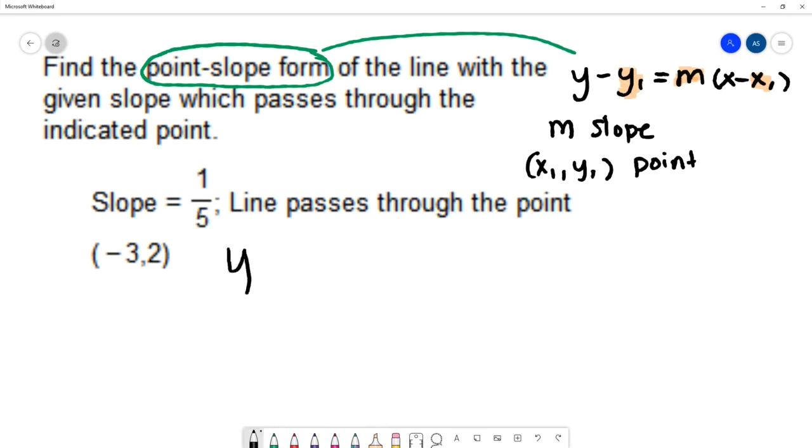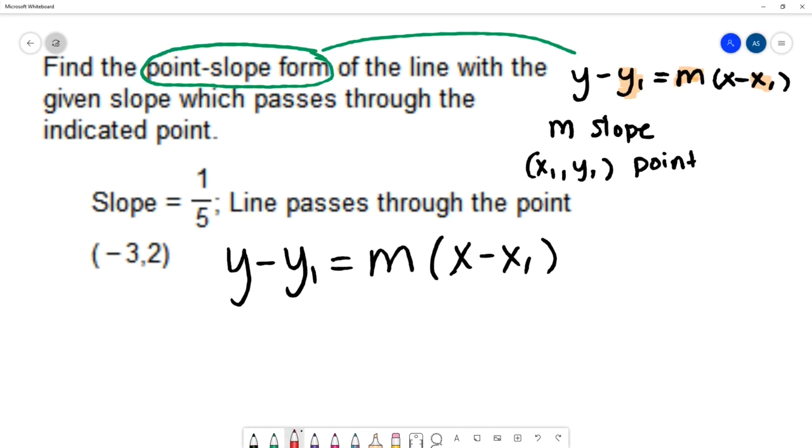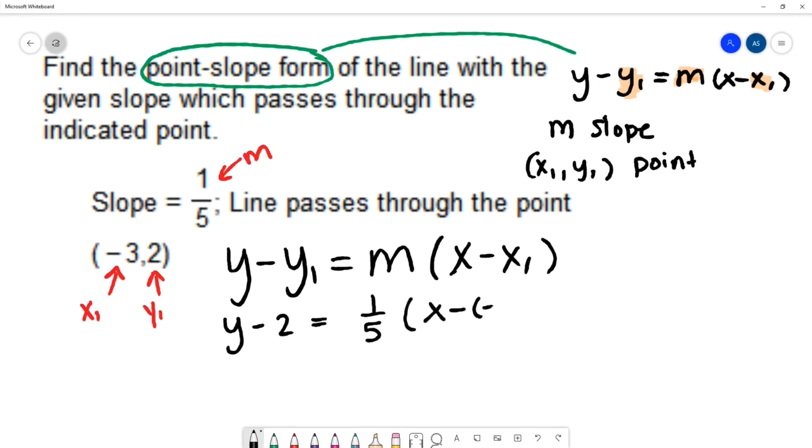So we're going to take that formula, y minus y1 equals m times x minus x1, and I'm going to substitute for the slope 1/5. I'll substitute in for x1 -3 and in for y1 2. This gives me the equation y minus 2 equals 1/5 times x minus -3.